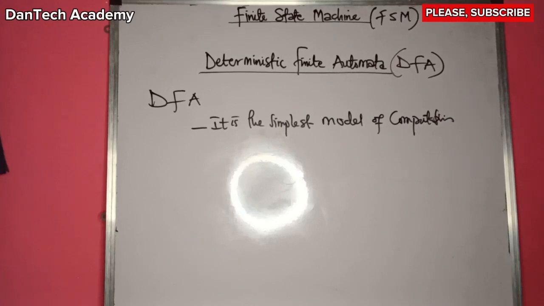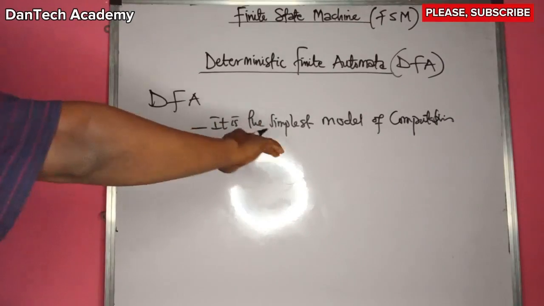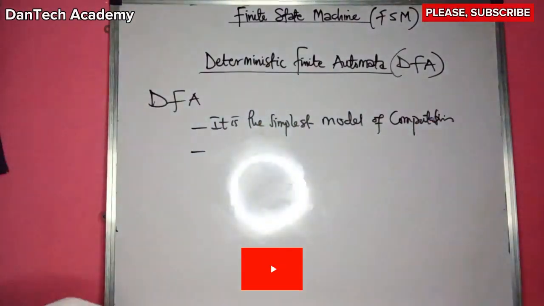So a particular state can lead us to different states entirely. But when we talk about DFA, the only possible next state is just one. And the input determines whether we move to the next state, or we remain in the current state where we find ourselves. So this is the reason why it is the simplest model of computation.